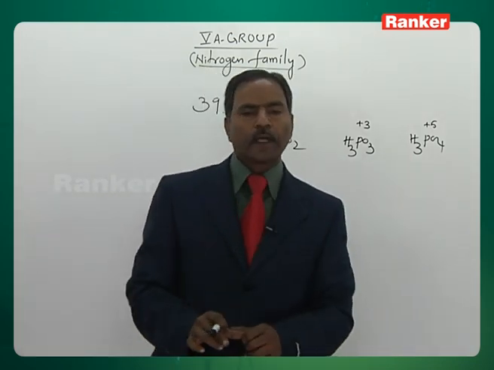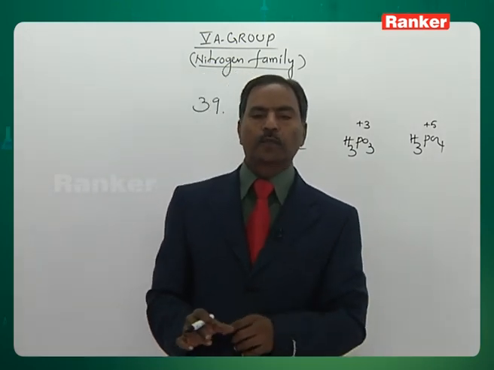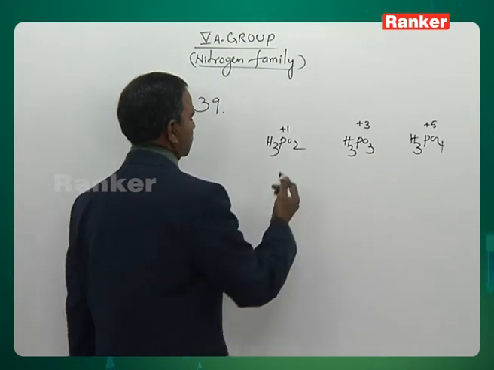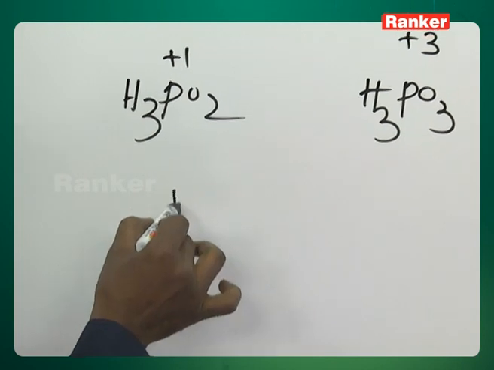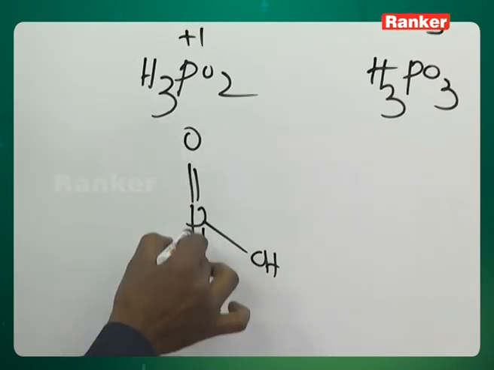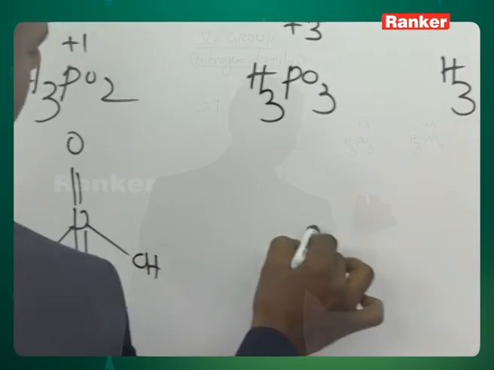Coming to B, hydrogen in these acids are not all bound to phosphorus and have the same number of unprotonated oxygen atoms. Now you see the structure of H3PO2: P double bond O, one OH, two P-H bonds.